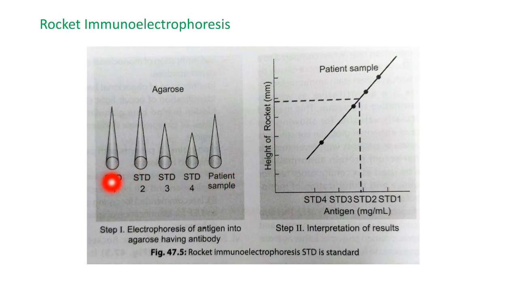Then there is formation of rocket-shaped precipitation. We then quantify the antigen in the patient sample using the standards. The height of the standards will reflect the concentration, so by comparing, we can determine the concentration of the sample antigen. We can also plot a graph.